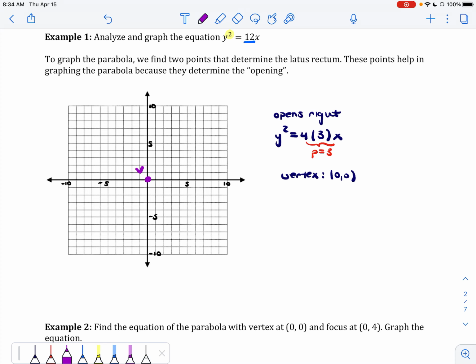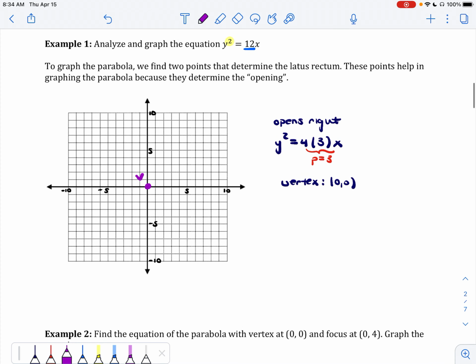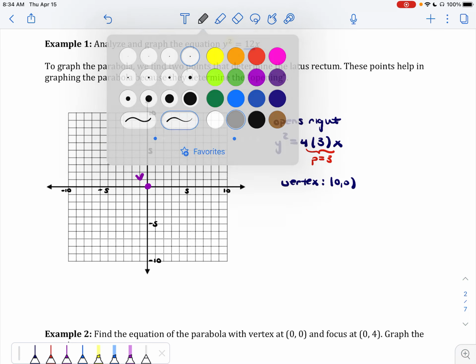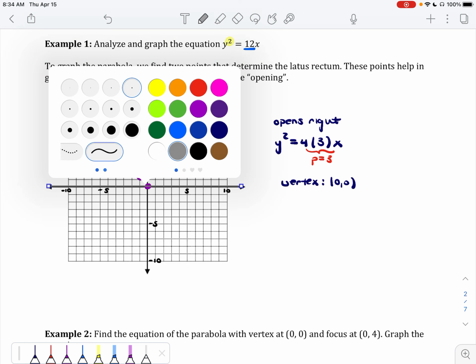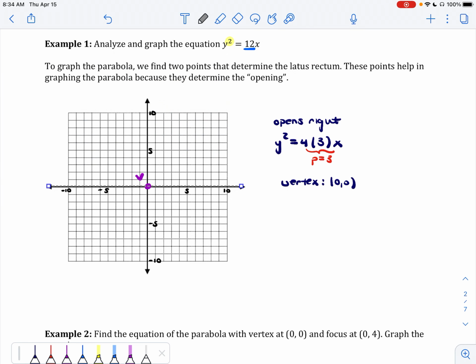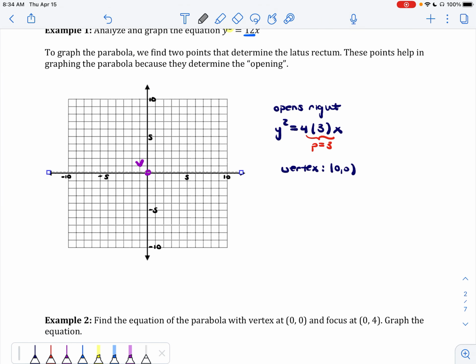Now, remember we said that our parabola is opening to the right, so that means our axis of symmetry is going to be the horizontal line that passes through the vertex. So that's going to be our axis of symmetry.